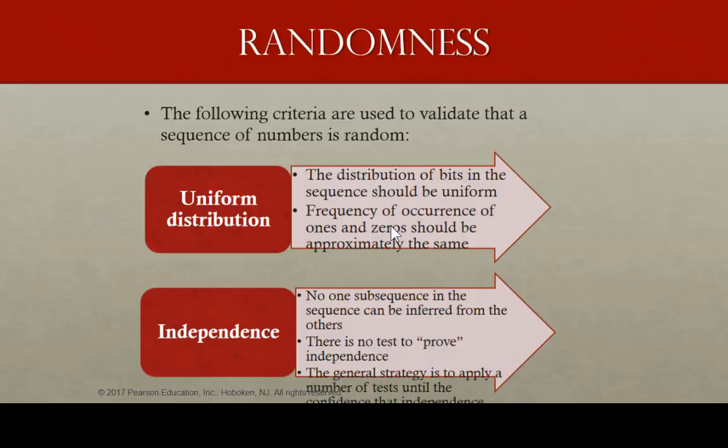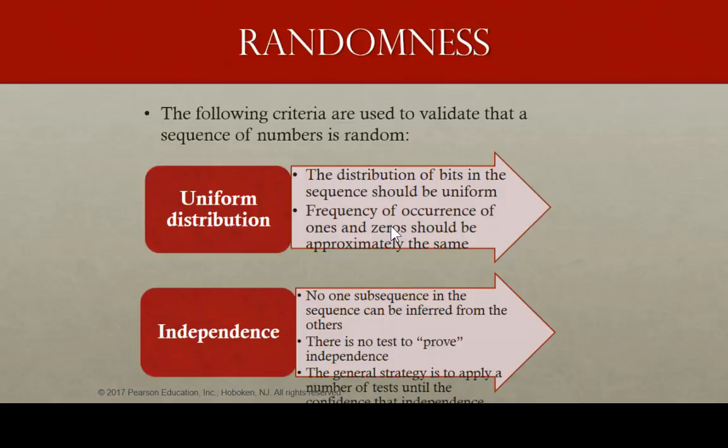Uniform distribution. The distribution of bits in the sequence should be uniform. That is, the frequency of occurrence of ones and zeros should be approximately the same. Independence. No one subsequence in the sequence can be inferred or predicted from the others.